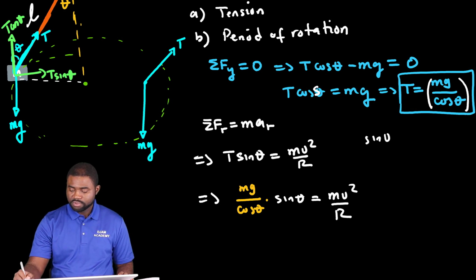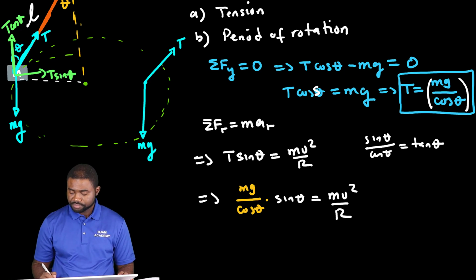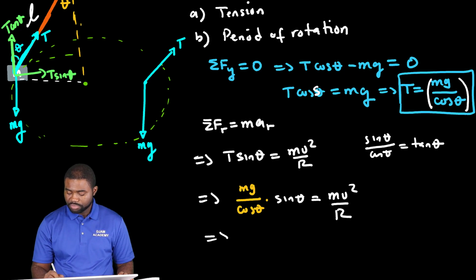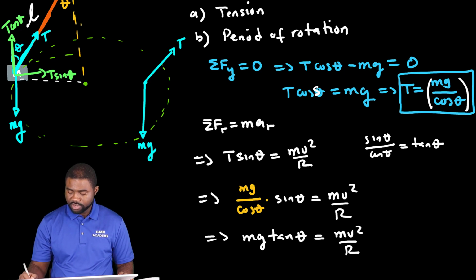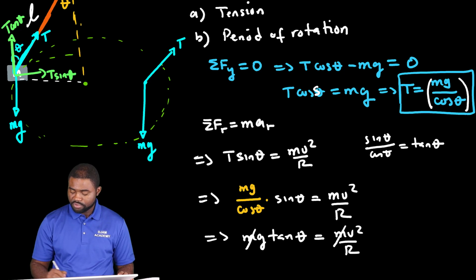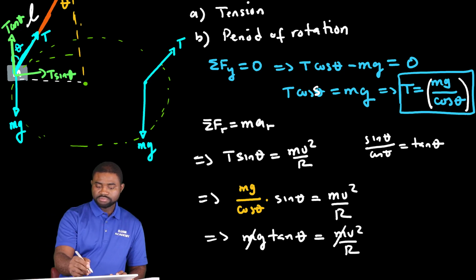Now we have to be a little bit attentive here to simplify. Sine theta divided by cosine theta is equal to tan theta. So this would mean that mg tangent of theta will be equal to mv squared over r. The m's can cancel.